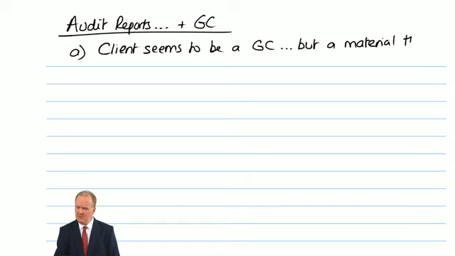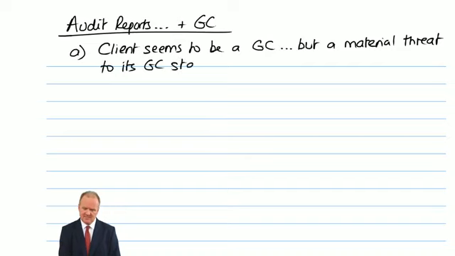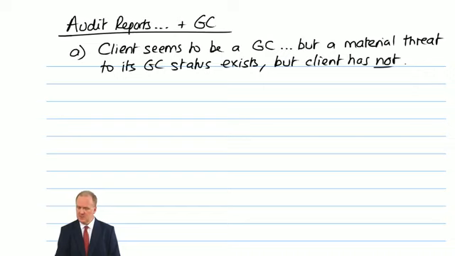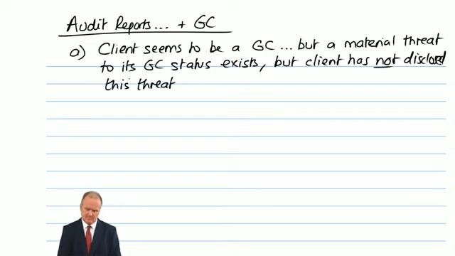But a material threat to its going concern status exists, but the client has not disclosed this threat. What is the likely outcome in the audit report?